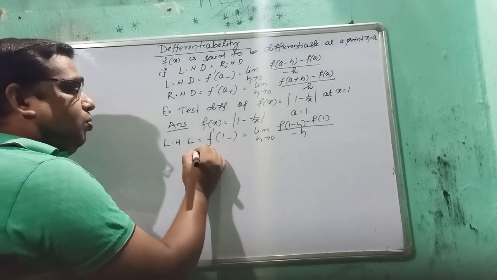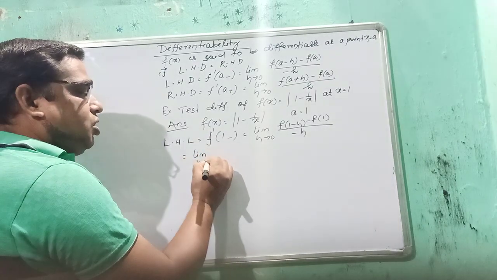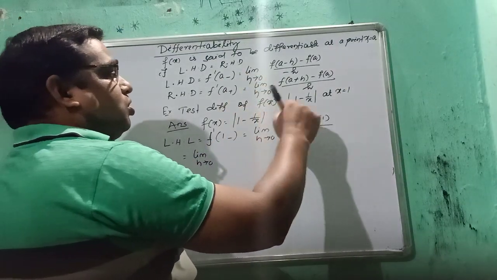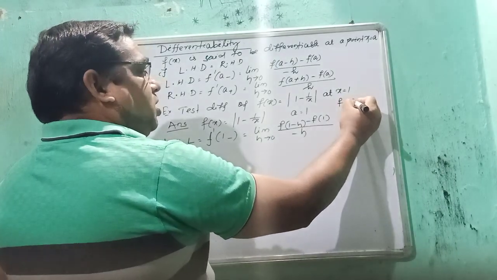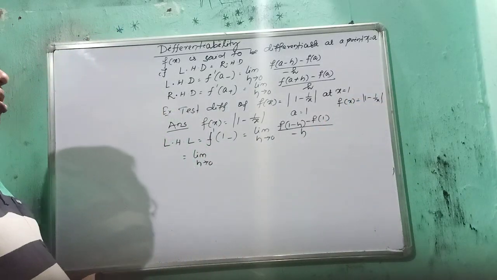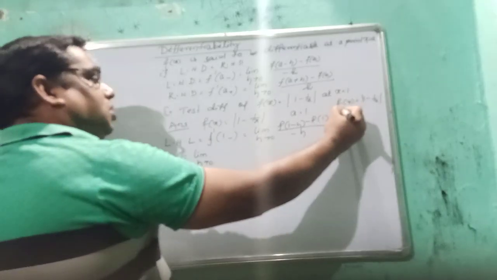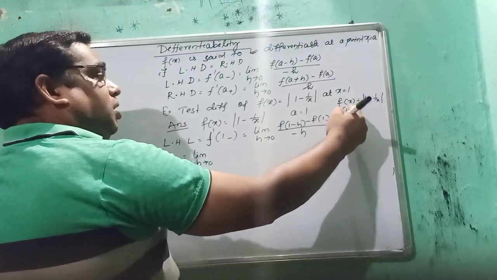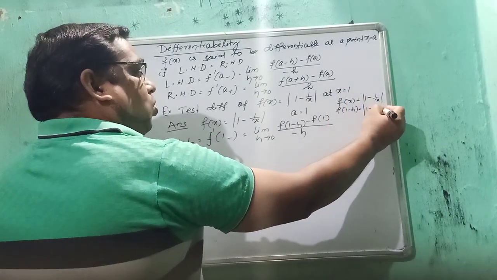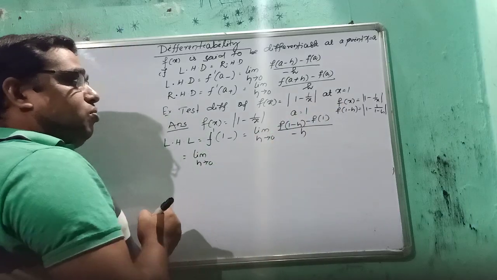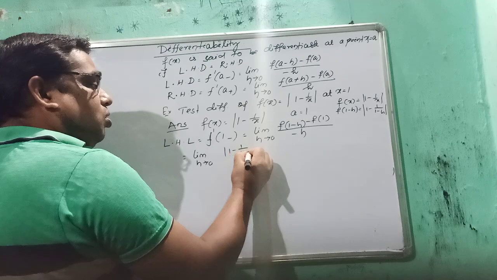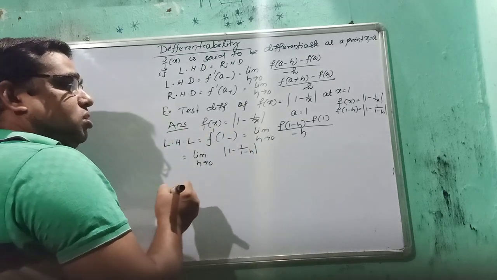What is f(1 minus h)? Here f(x) is given by modulus of 1 minus 1 by x. Replace 1 minus h in place of x: modulus of 1 minus 1 by 1 minus h.